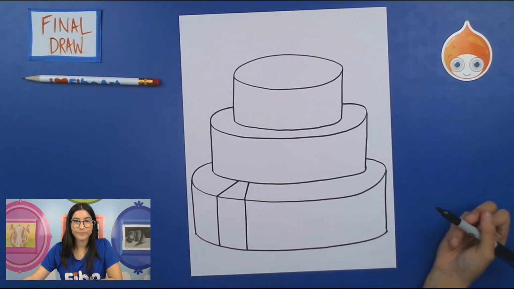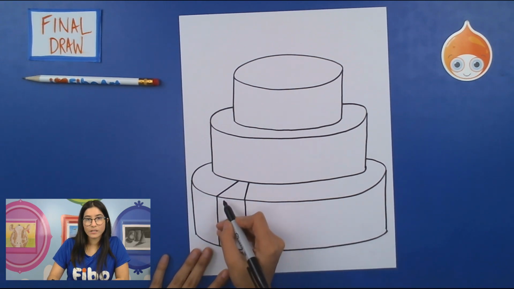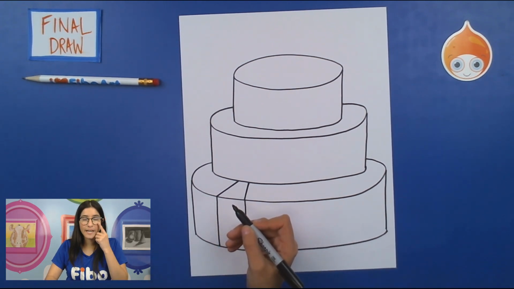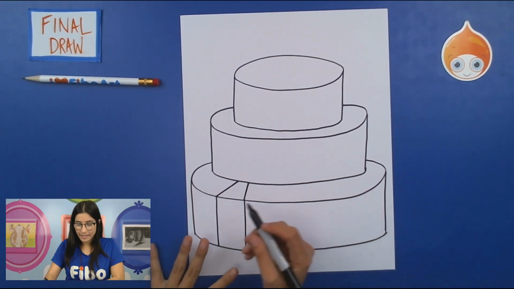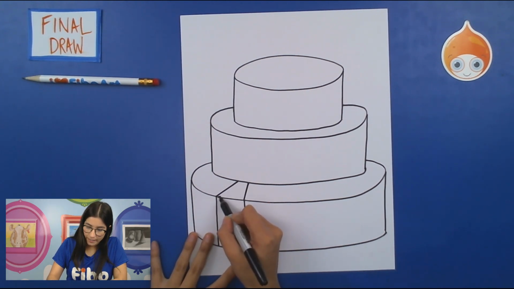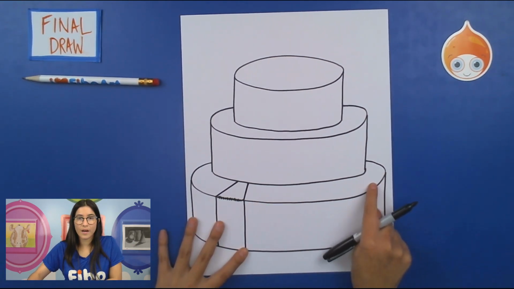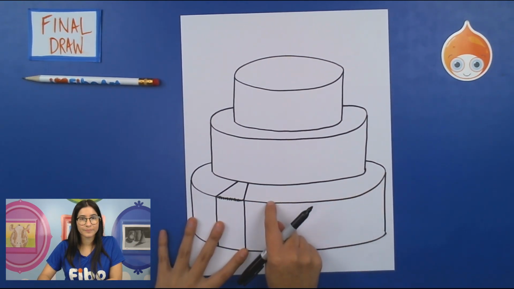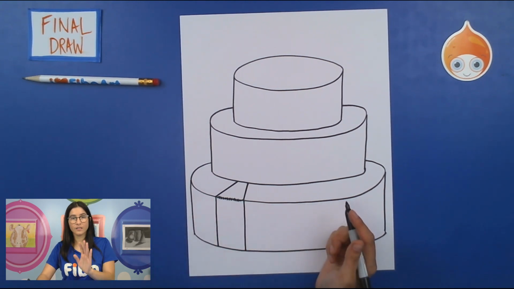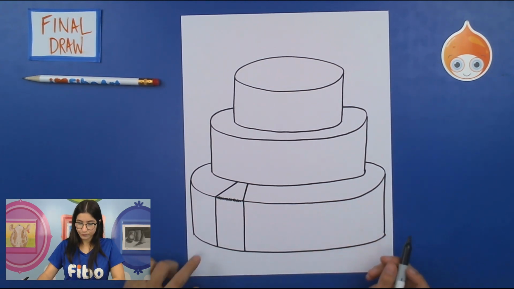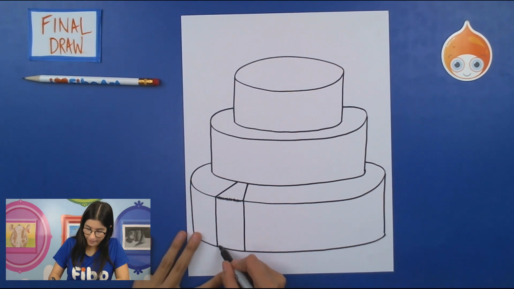Okay. And then what makes it look more like a slice has been taken out rather than just a stripe on the cake is you want to take your eraser and erase this part right on the inside from the bottom of that oval on that third layer. That's going to make it look a little bit more like it's taken out. And then you also want to take your eraser and erase the bottom line.